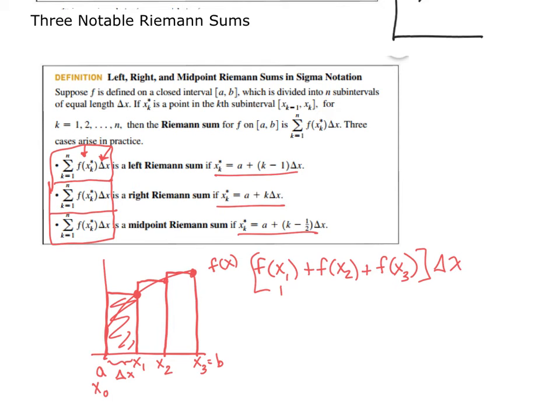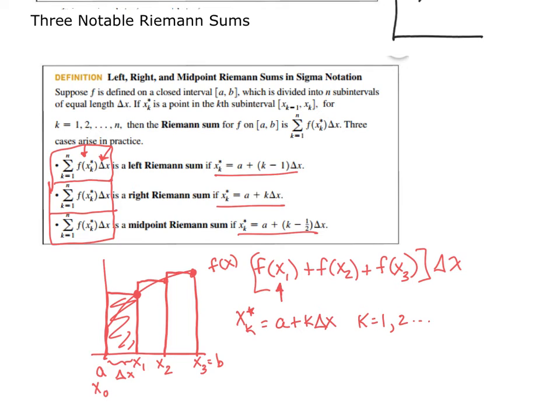So this first grid point here, x sub 1, we call it x sub k star, but it's really just a plus k delta x, where k begins at 1 and cycles through.